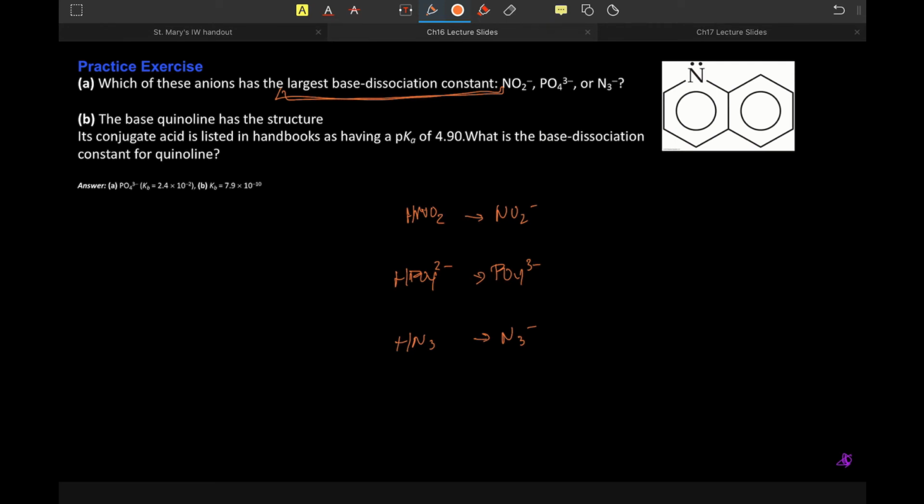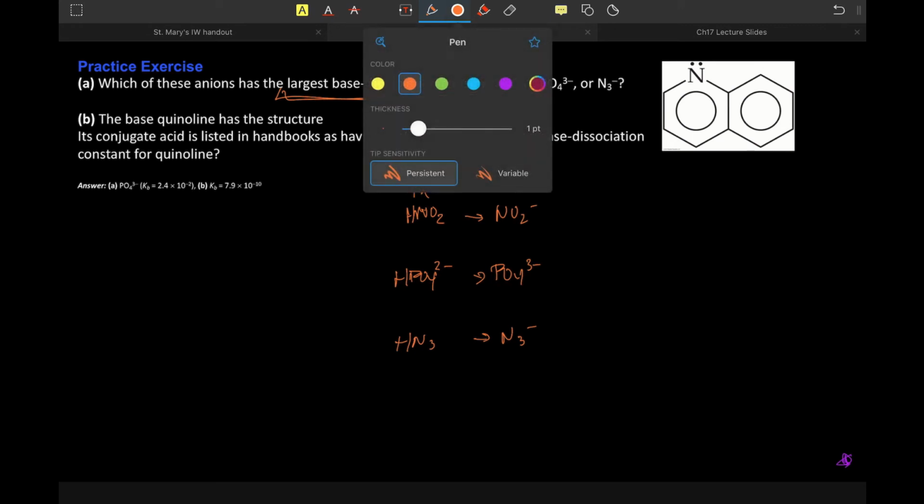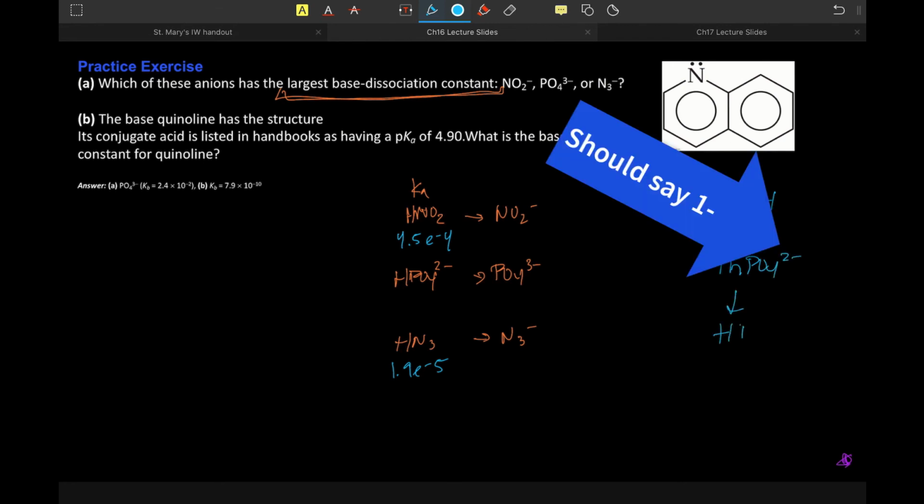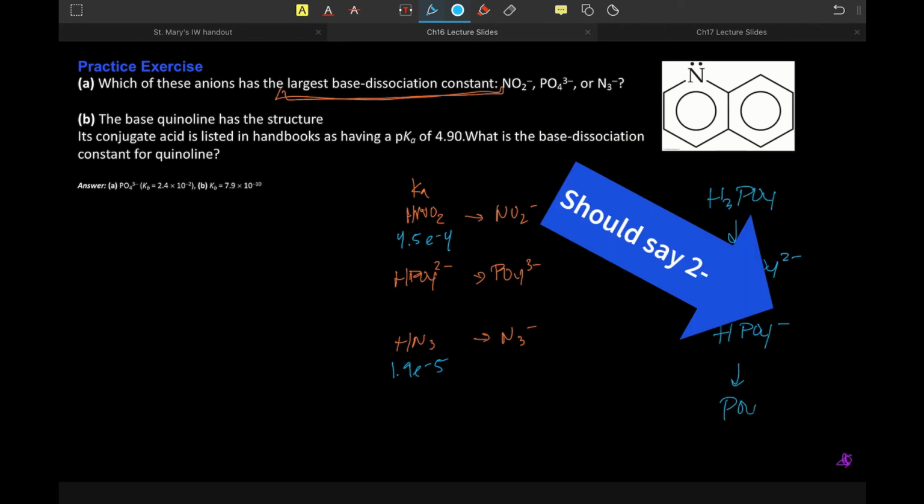Thinking about those respective hydrolysis reactions, we're really looking for the Ka values for these. The Ka value for HNO2 happens to be 4.5 E-4, HN3 is 1.9 E-5, and HPO4. Now, if we think about the parent acid, and then this, and then this, we eventually end up at PO4 3-.